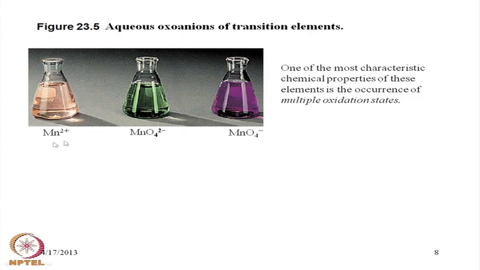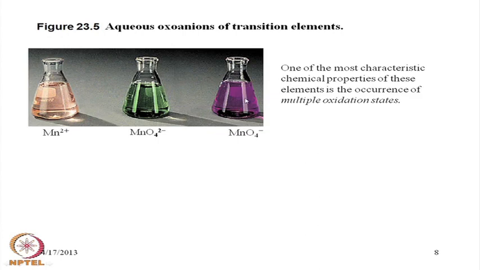When we have the manganese salt present, manganese chloride or manganese sulphate, dissolved in water, we get a very light pink solution, and when these are oxidized to manganate or to permanganate, the color changes from light pink to green, and then again to dark pink.